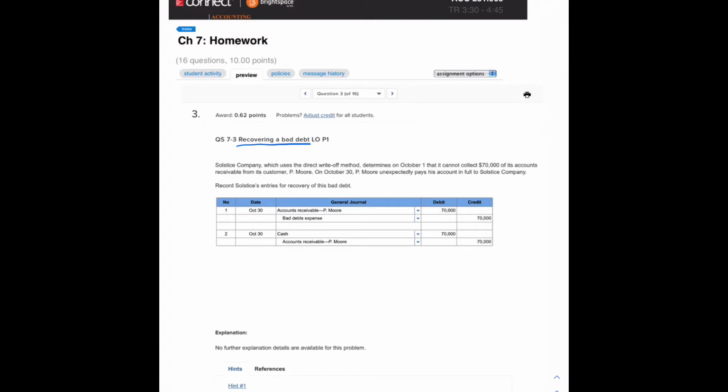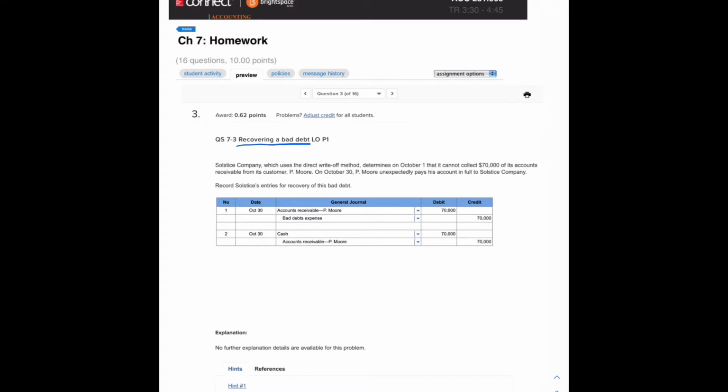However, if a customer then decides they are able to pay us at some point in the future, maybe they got an unexpected bonus at work or they won the lottery, whatever happened, now they've got the money and can pay us back. Are we going to just deny that money? Are we going to tell them, no, don't worry about it, we already wrote it off, you're good to go? Of course not. If they can pay us, we're going to want that money because that's going to help the business continue on. So we're going to have to restore that account to begin with.